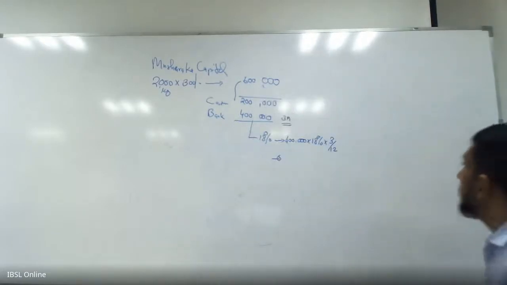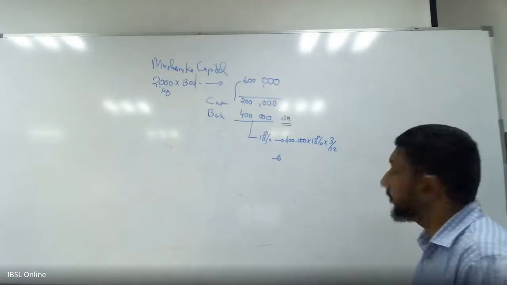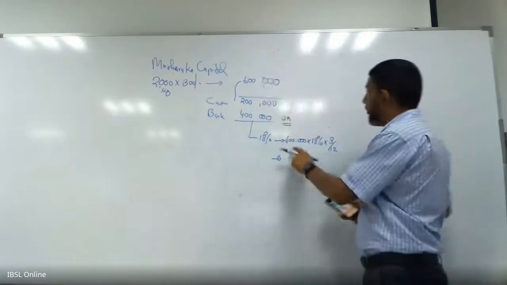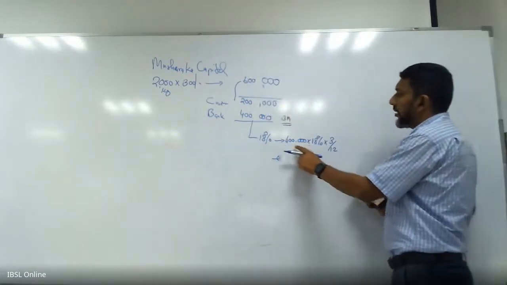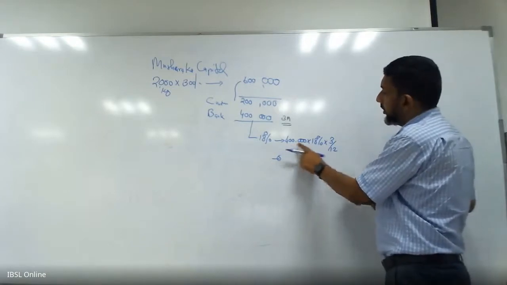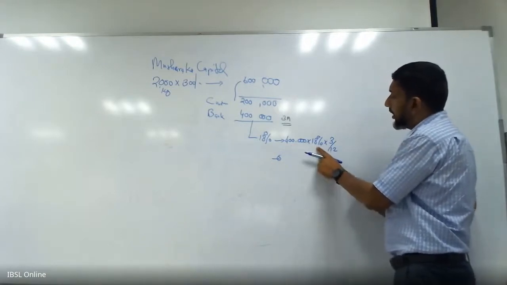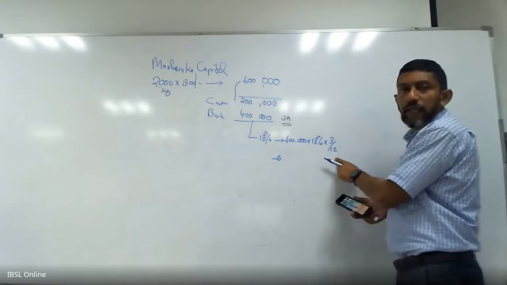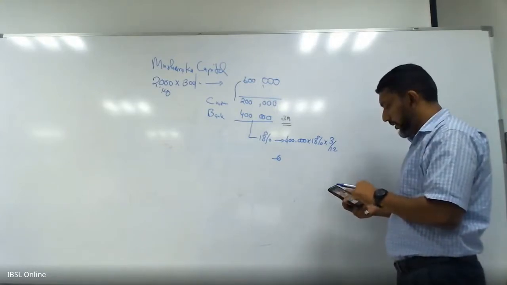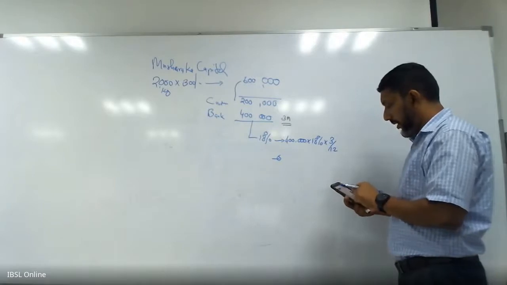How much does it work out to? 6,000? No, it can't be, it has to be a little more, I think. 400,000 into 18% into 3 over 12. Is it 6,000?